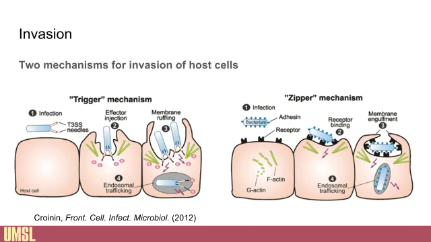It uses surface proteins on the bacterium that interact with host cell receptors that stimulate actin polymerization and microtubule formation, both of which are required for forming an endosome. So in both cases you form endosomes with bacteria in them, just whether or not they're using effector proteins or just interacting with host surface receptors.